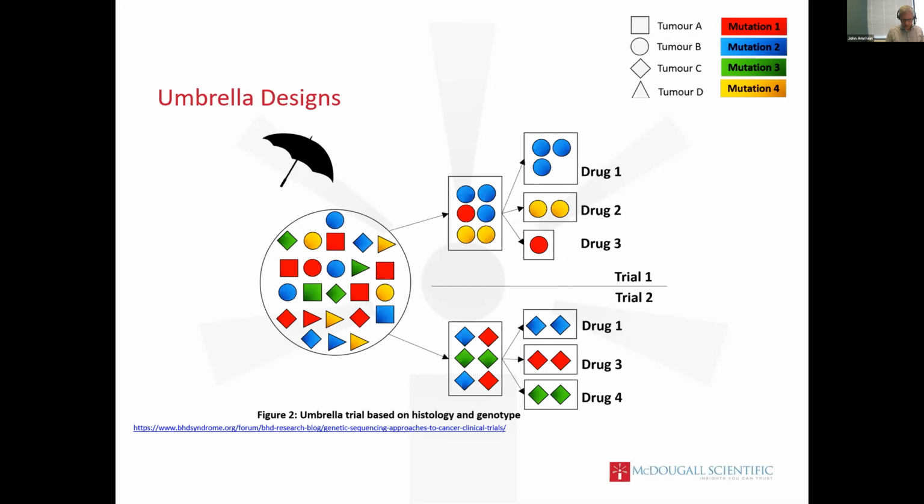Umbrella designs: instead of one drug going after multiple cancer types, it's multiple drugs after one cancer type. These are becoming more common in the large pharmas, where several pharmaceutical firms are all developing a drug to treat the same cancer type, even if they have different mechanisms of action.